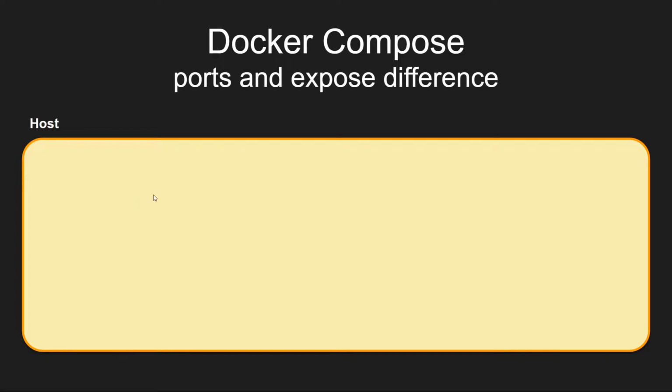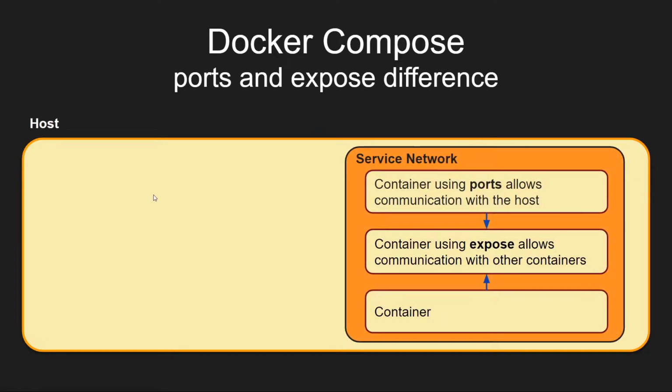When you run Docker Compose, you are executing all the containers. In this case, I have three containers, and those containers are grouped into a kind of private network. This is a service network. And if a container uses the ports key, it allows communication with the host.